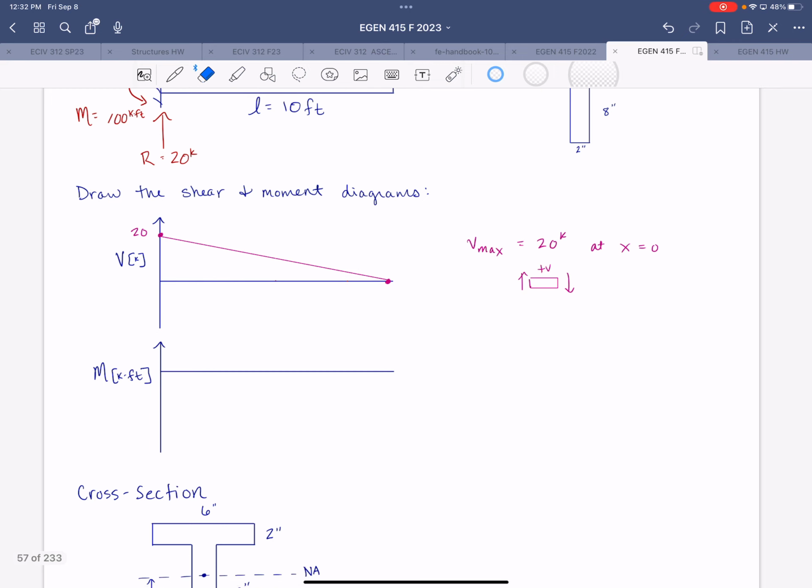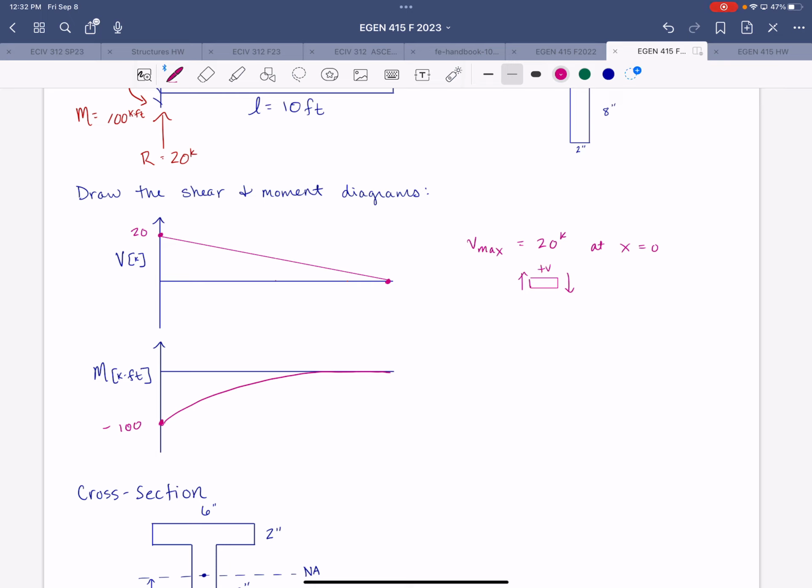All right, moment diagram then would start off with a negative 100 kip-feet from the reaction moment, and it would increase quadratically to 0 at the free end.